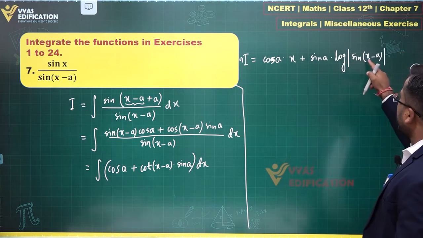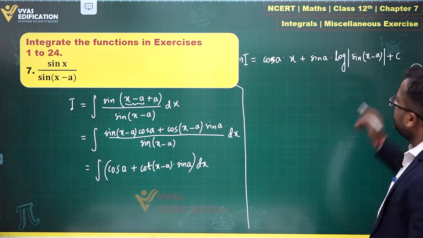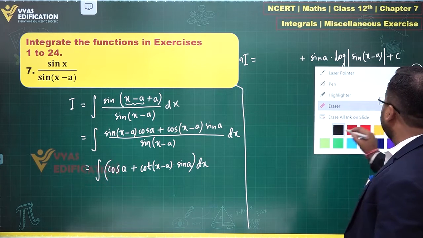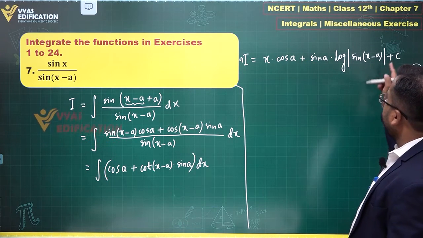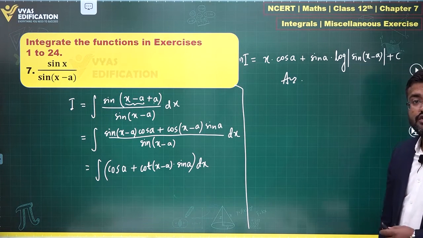Dividing by the coefficient of x, which is 1, is irrelevant over here. Dividing by 1 will also give me this only. So the final answer will be x times cos a. Let me write that properly. X times cos a plus sin a times this whole expression. And yes, that's the required answer for this question over here.